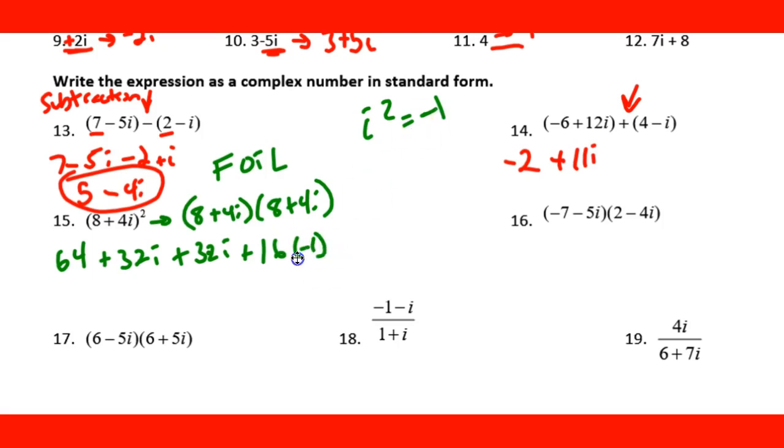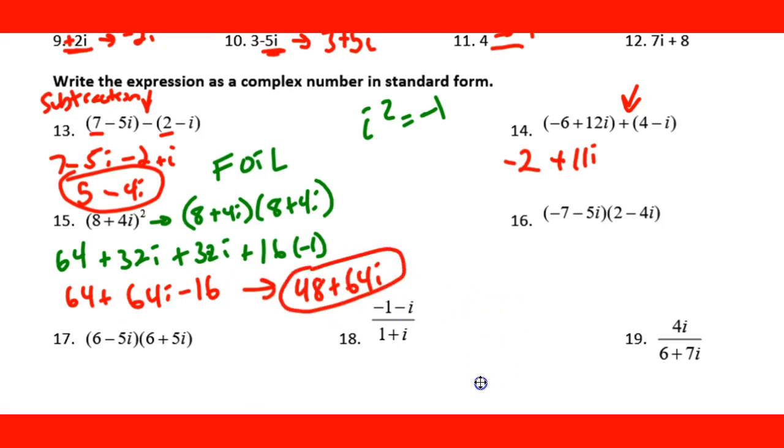So now what we got is 64 plus 64i, minus 16, because negative 1 times 16 is negative 16. So now we have 64 minus 16 like terms, and that's going to be 48 plus 64i. There we go right there, okay?